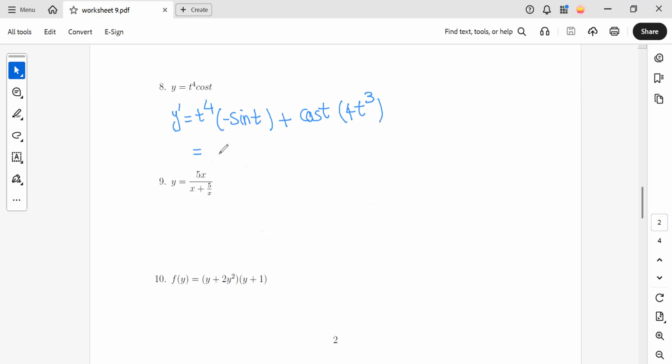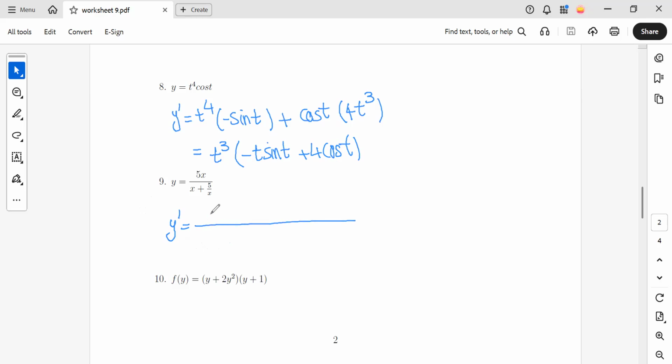We can simplify somehow. We can factor out 3 t cubed. So we're left with negative t sine of t plus 4 cosine of t. And that's it.